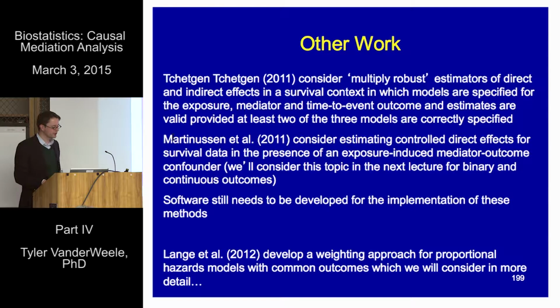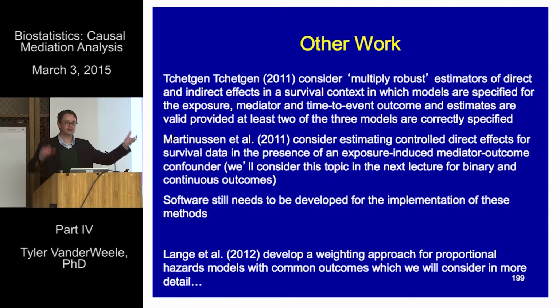There's been some other work on mediation analysis with time-to-event data. One paper proposes what's called multiply robust estimates, where we fit a model for the mediator, a model for the outcome, and a model for the exposure. And provided two of those three models are correctly specified, we get correct estimates, so we can get around issues of model specification a little bit.